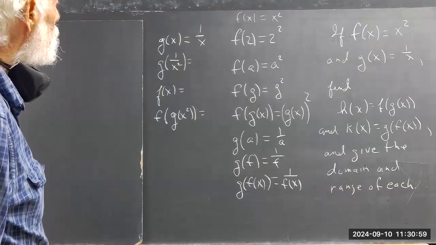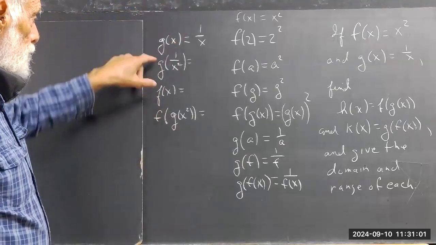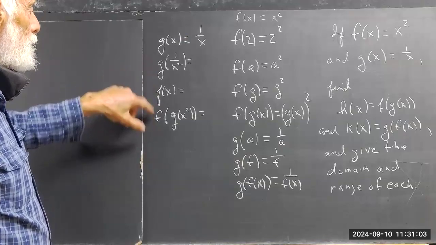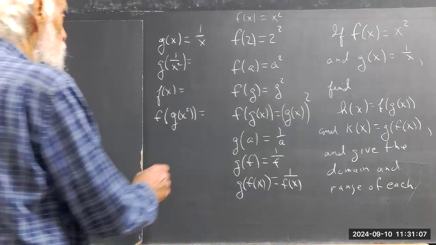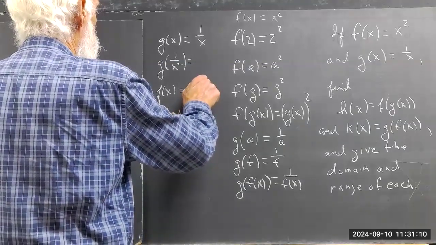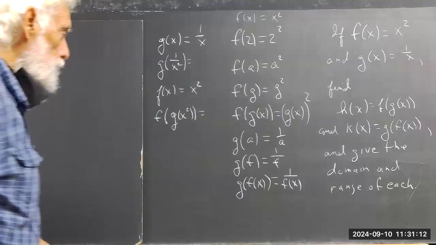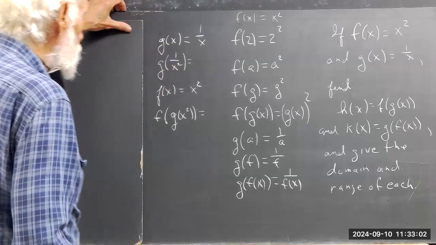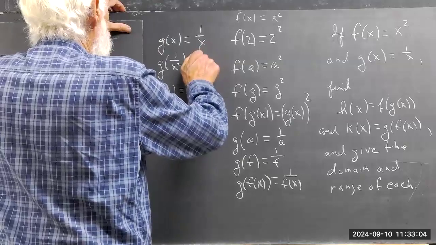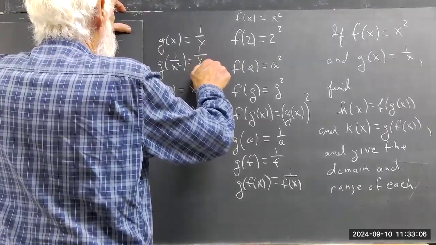Okay, now, g of x is 1 over x. I've asked everybody to write these out. Keep writing this out. Go ahead and write this one. f of x, of course, is x squared. So what's f of g of x squared? Okay, so g of 1 over x squared would be 1 over x squared.